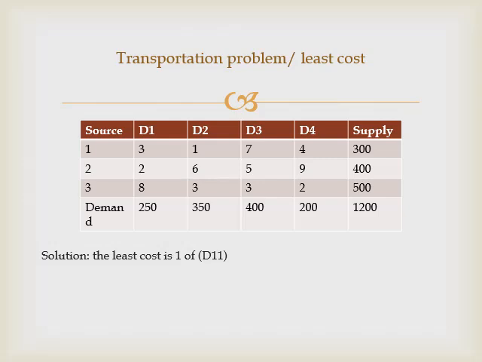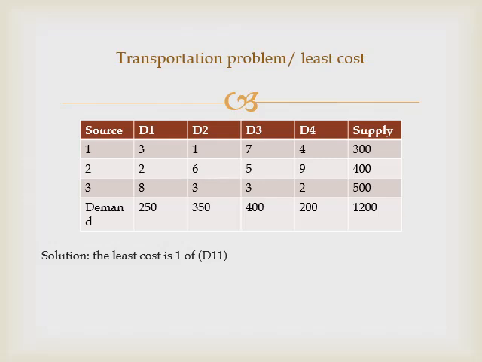Given of course 3 sources and 4 market centers, the stock of each source and the total demand, and the condition is satisfied, the total supply equals the total demand equals 1200 units.